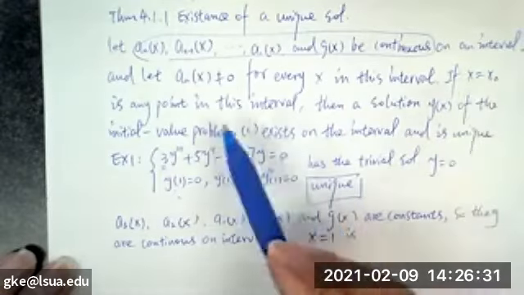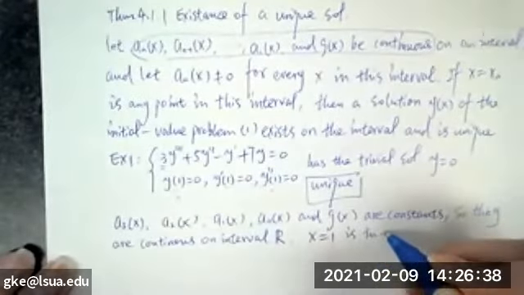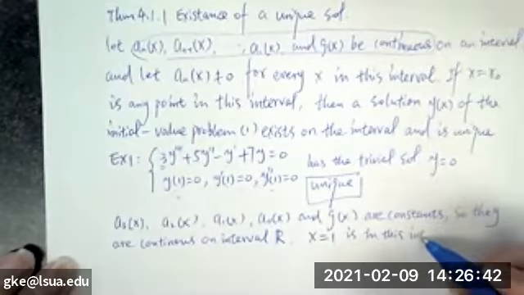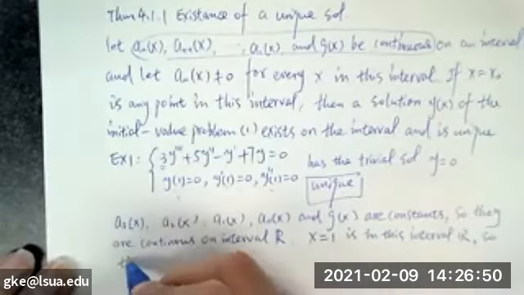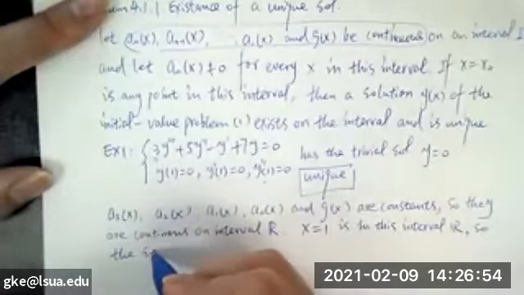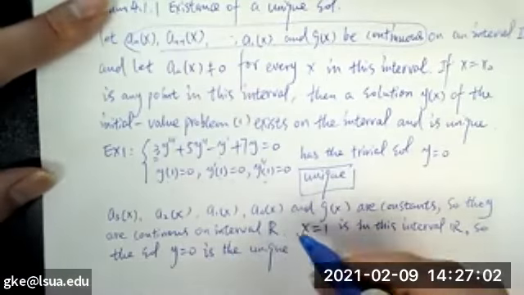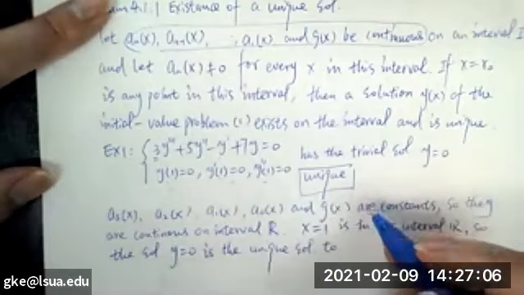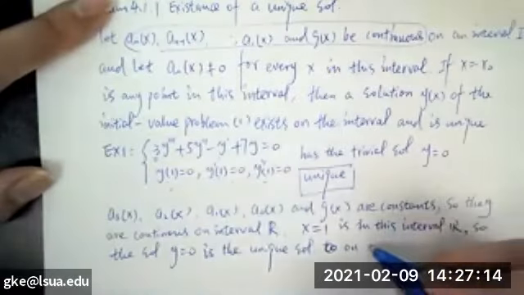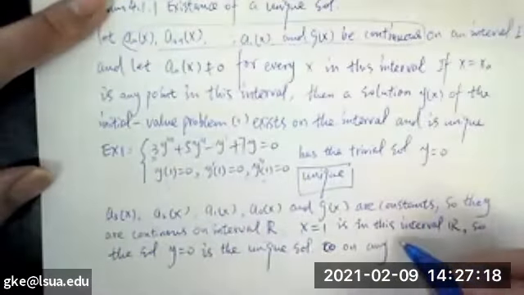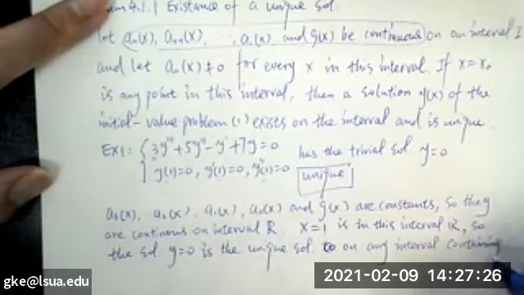So x equals 1 is in this interval R. So the solution y equals 0 is the unique solution on any interval containing x equals 1.